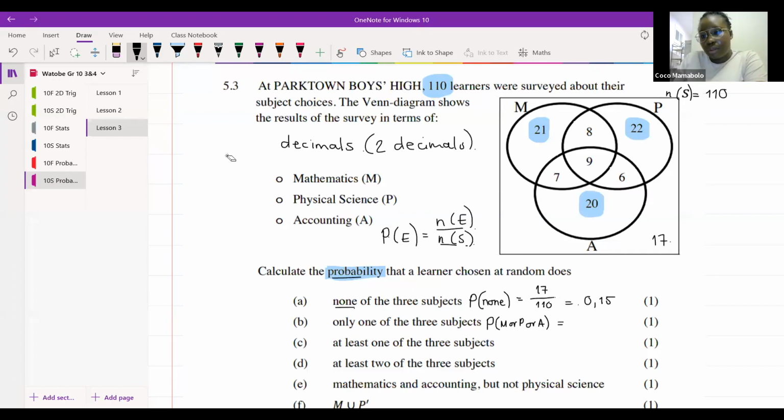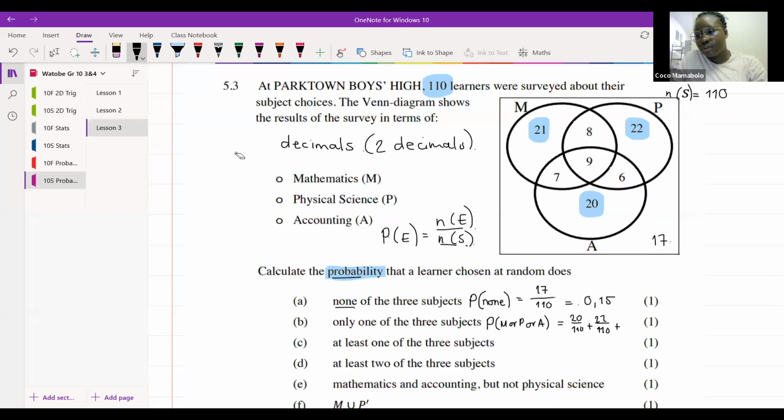20 over 110, which equals 0.18. Okay, let's do them all together at the same time. 20 over 110 plus? Plus 22 over 110. Correct. Plus?